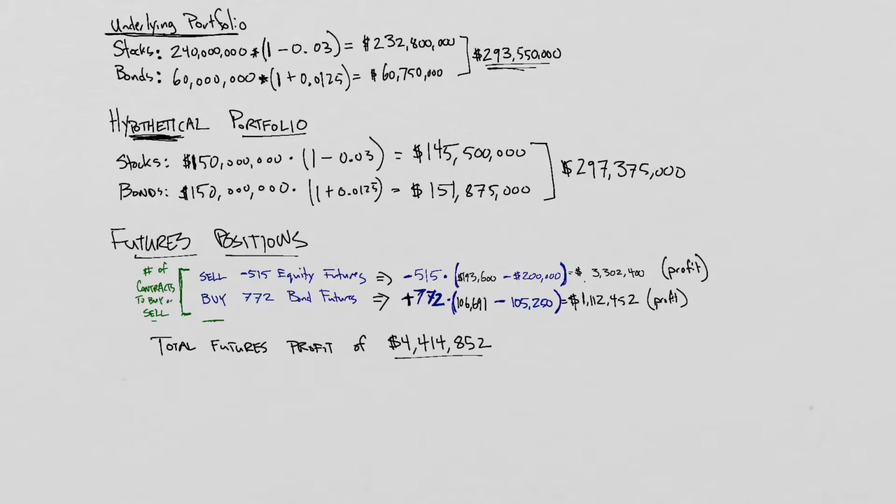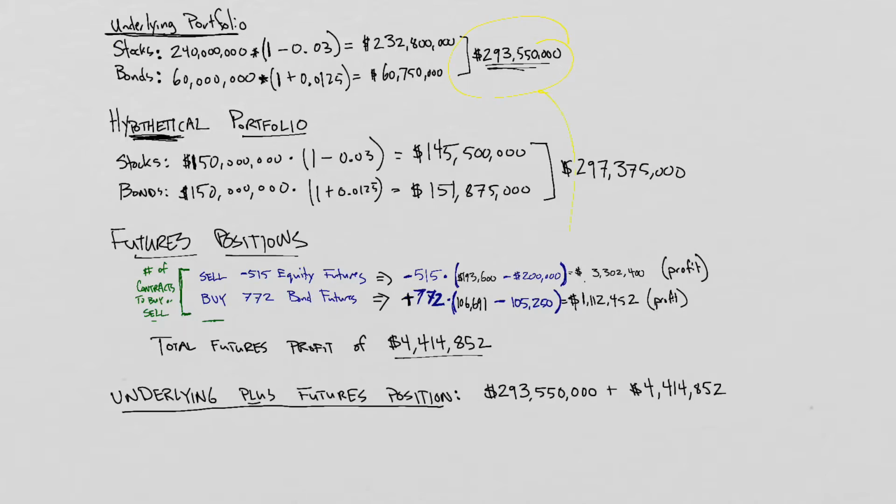And the way that we did this strategy is that we kept our original portfolio, but we added on these two futures trades as a way to synthetically change our asset allocation mix. If we consider those two together, the value of our underlying portfolio plus the change in value of our futures position, the net amount is a value overall of $297 million.